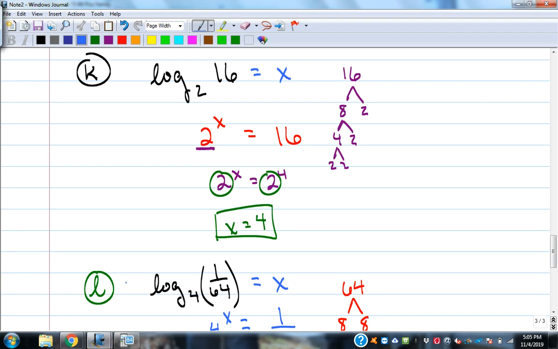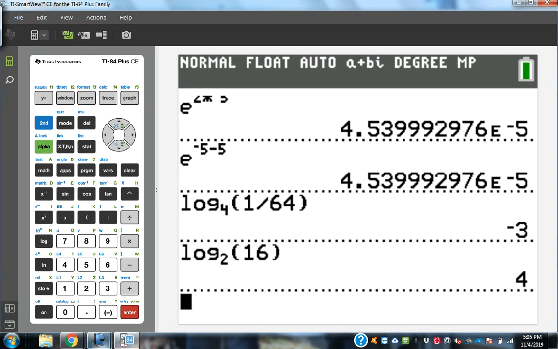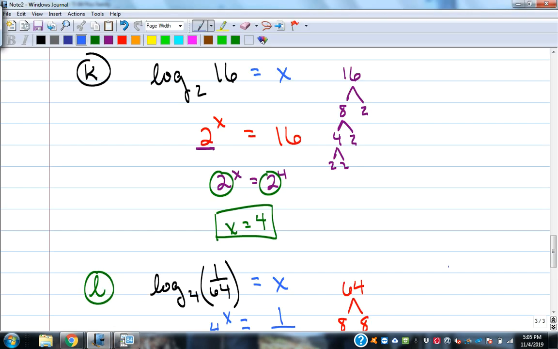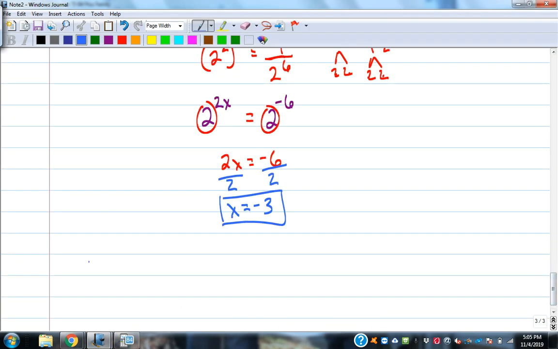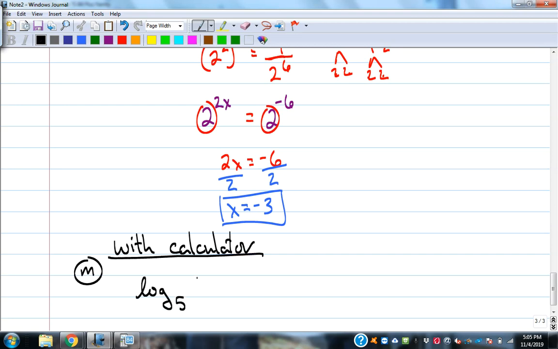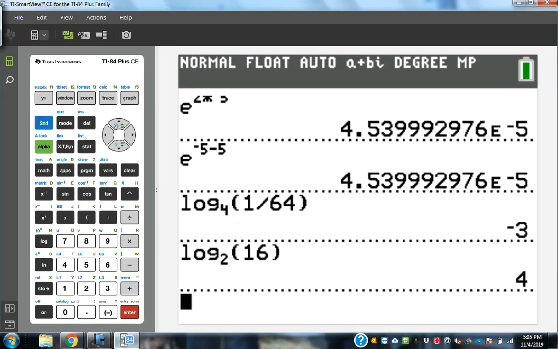So the log base function, even if it's not a pretty number, works with a calculator. So if they said do log base 5 of 18, if I'm doing that with a calculator, I know 5 to a power doesn't make 18, so I know it's going to be something messy.